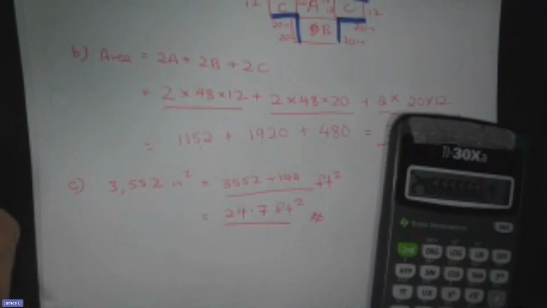If 1 square foot is 144 inches square, to convert this to square feet is just 3552 divided by 144, which is about 24.7 square feet. And that's the answer to C. Let's look at part D now.